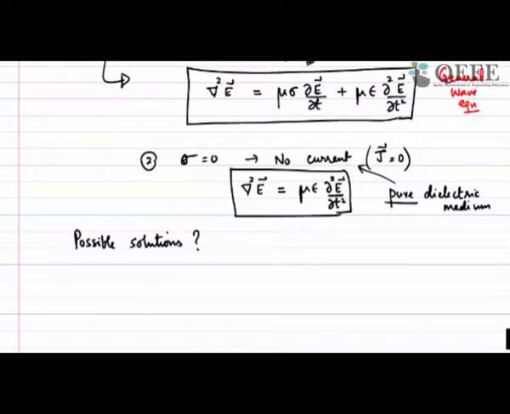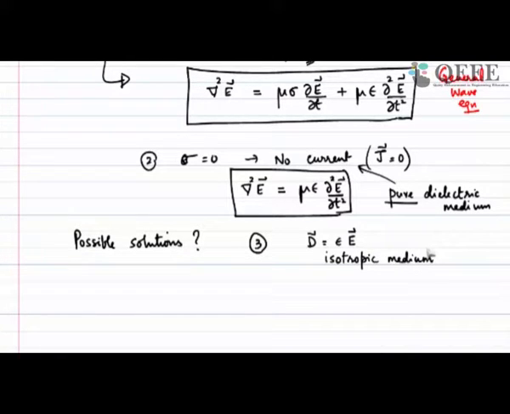Before we get to this, I will tell you one more assumption which we have made, which I have not told explicitly. What we have assumed is that D is epsilon E. Well, at this moment we have not really made that assumption, but we are going to assume that it is an isotropic medium.